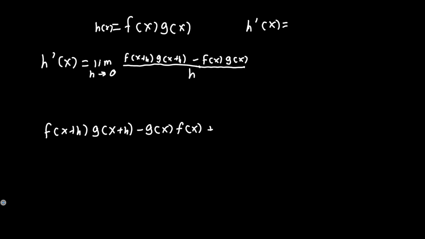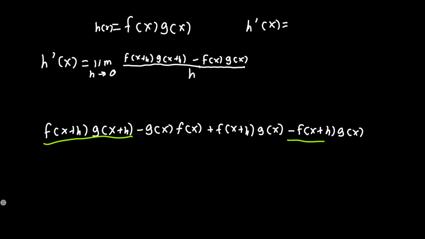So here what I'm going to do is add f of x plus h times g of x, and subtract that as well: f of x plus h times g of x. Now we have three f of x plus h's, which is what we want to focus on right now. We could factor out this from, let's say, this.